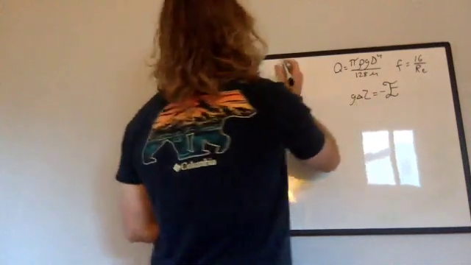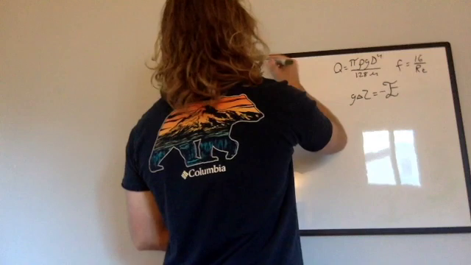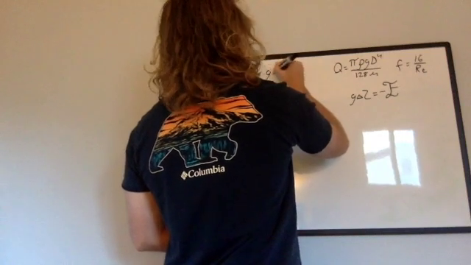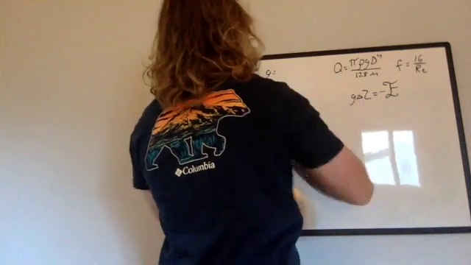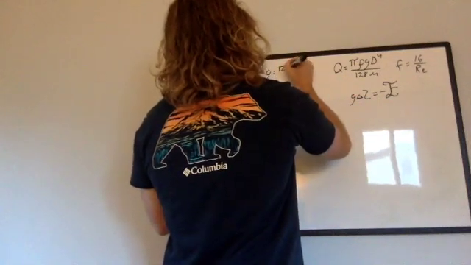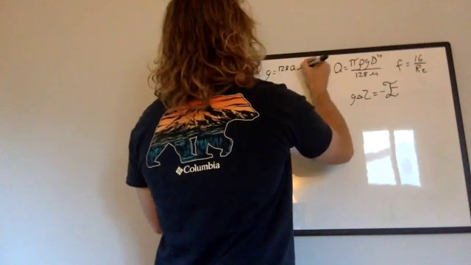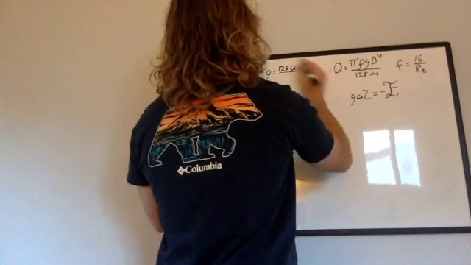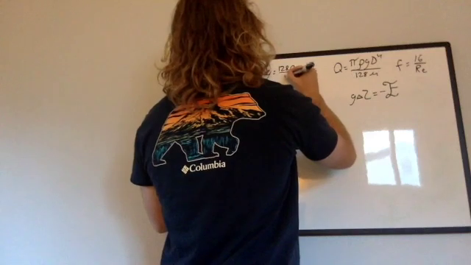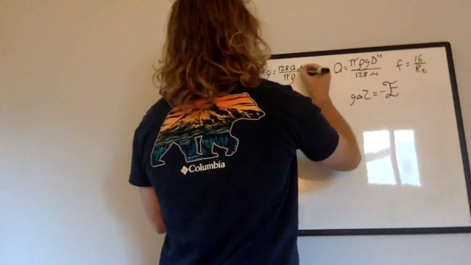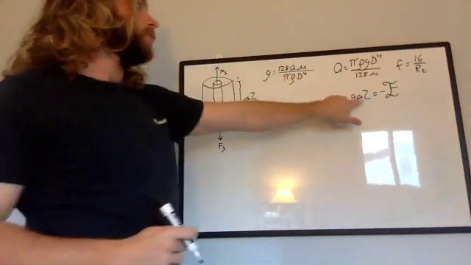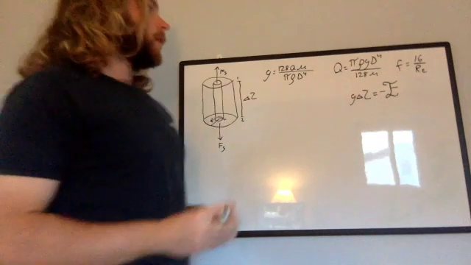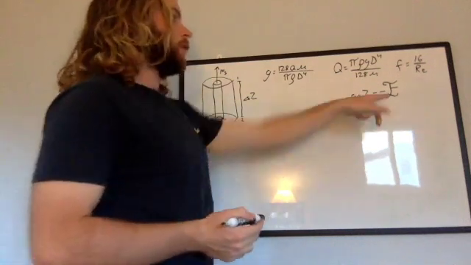So we're going to get G is equal to 128 Q mu over pi density and then d to the fourth. This is going to be our expression for G right here that we would substitute in for G.